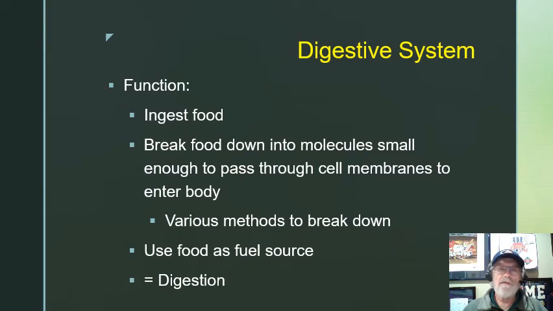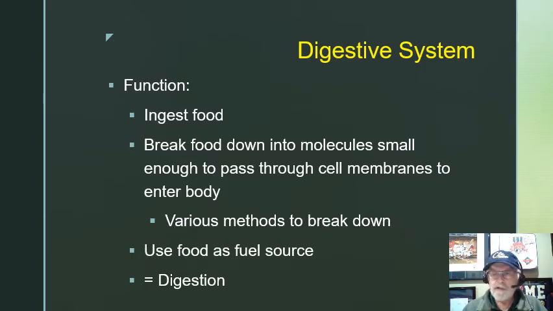We have to take that food that we ingest in our digestive system and break it down into molecular-sized particles small enough to get through the wall of the intestine and enter the bloodstream, to be taken to various areas of the body to be used for nutrients. There are lots of different ways we break things down, how we get them to molecular-sized bites.